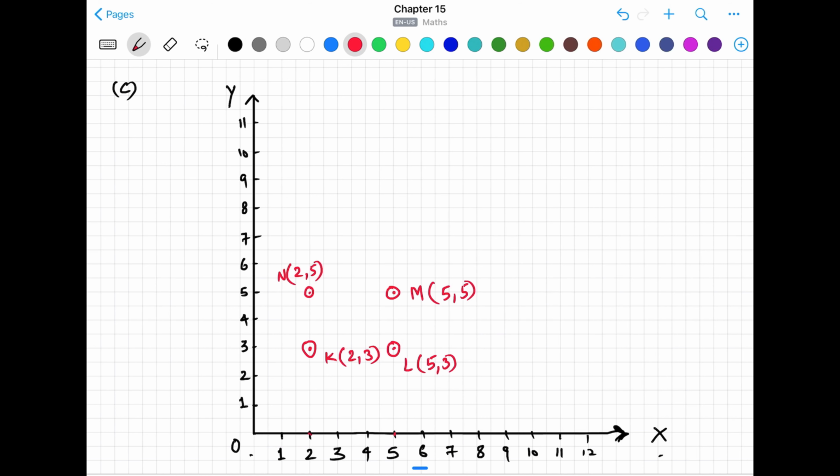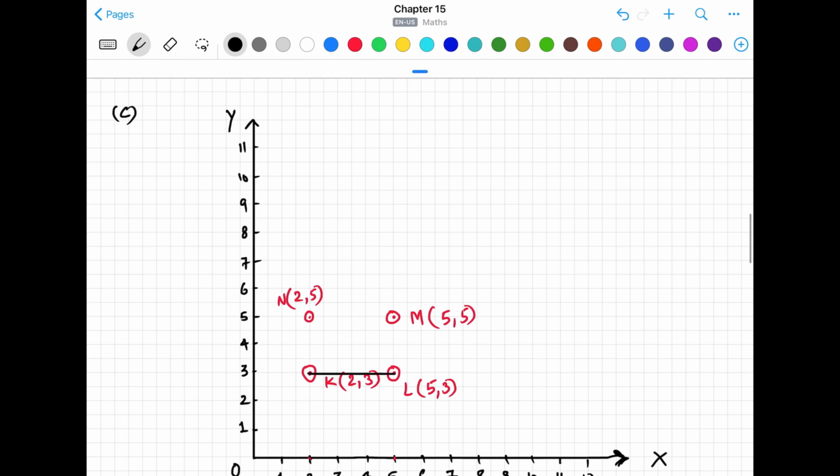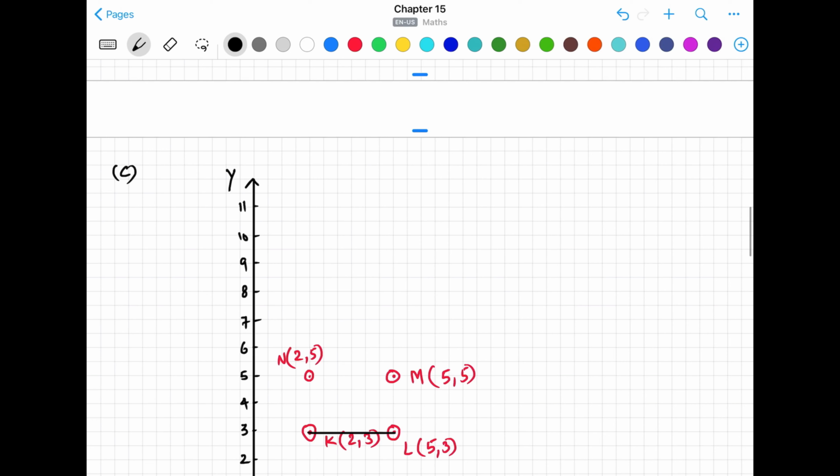Now if we join these points, let's join them. From K to L, then L to M, then M to N, and N again to K. You will see that we are not getting a straight line, instead we are getting a rectangle.